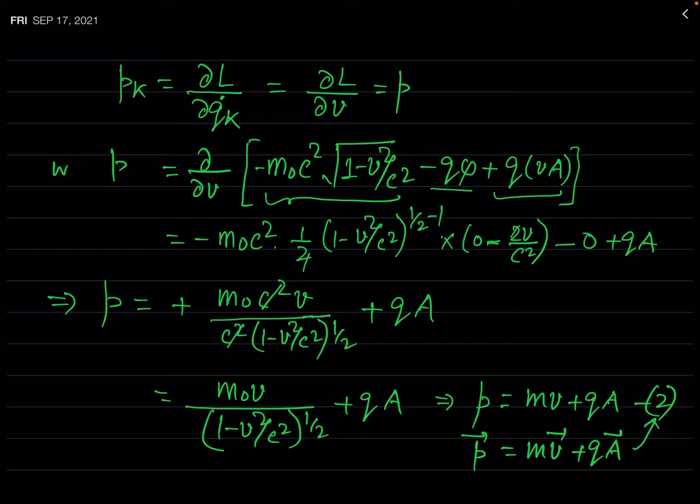So we have obtained the expression for momentum of the particle, and now from the general definition of Hamiltonian of the particle, you can find the expression for this particle. Now, what is the general definition of Hamiltonian?